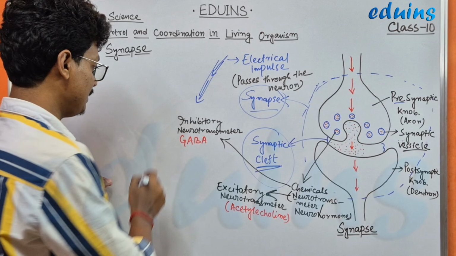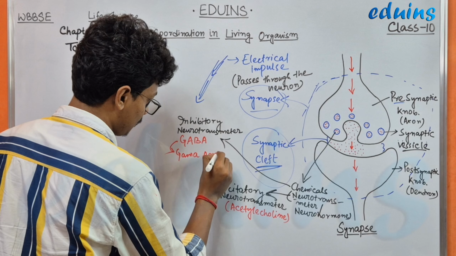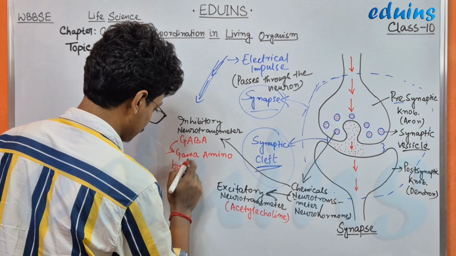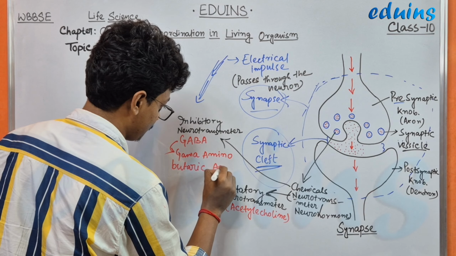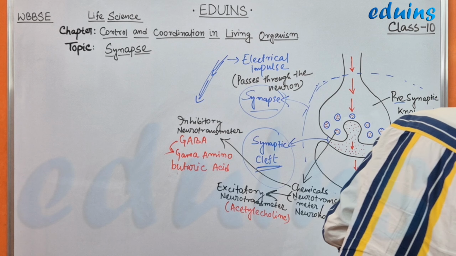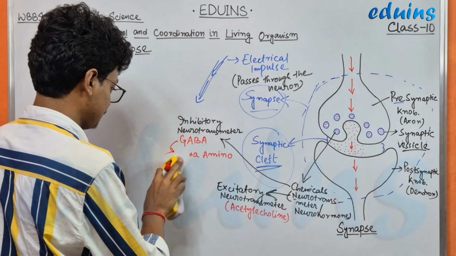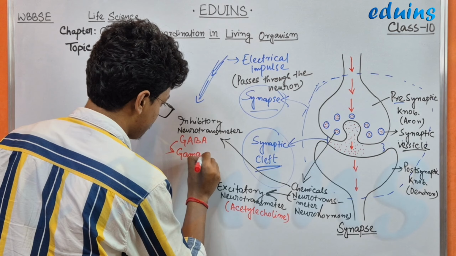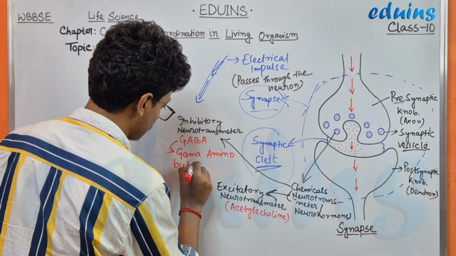The full form of GABA is gamma amino butyric acid.